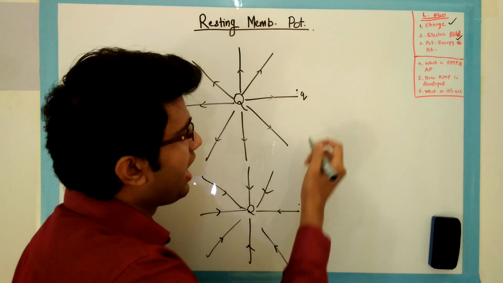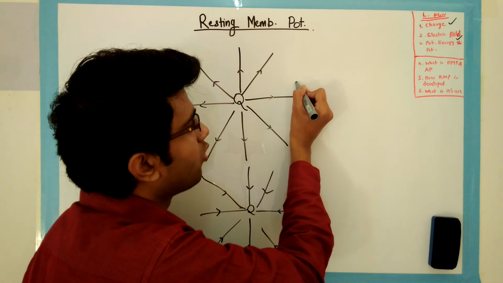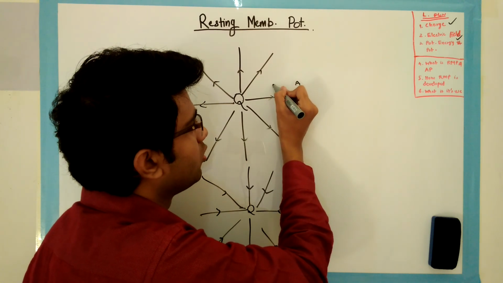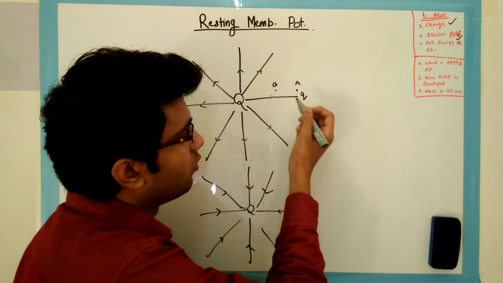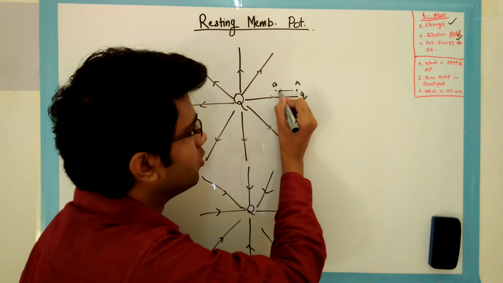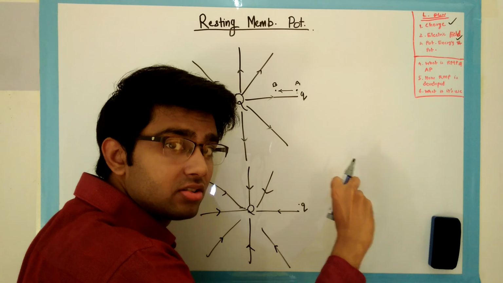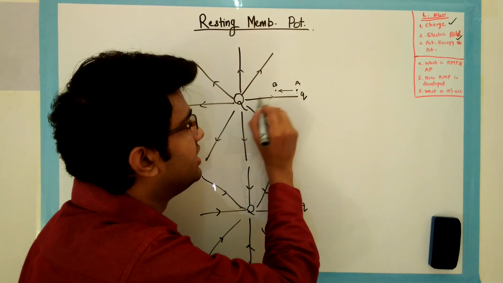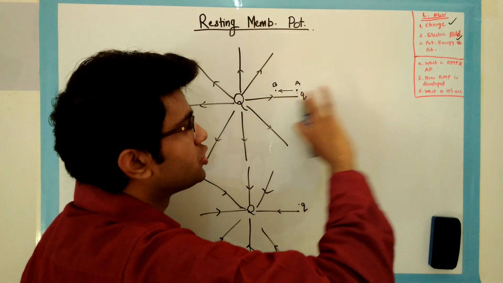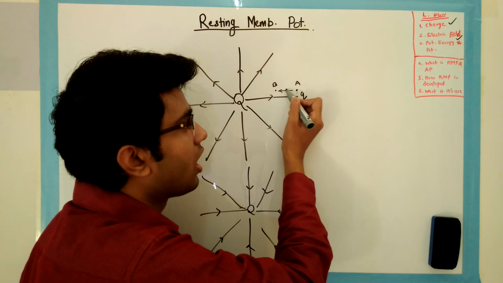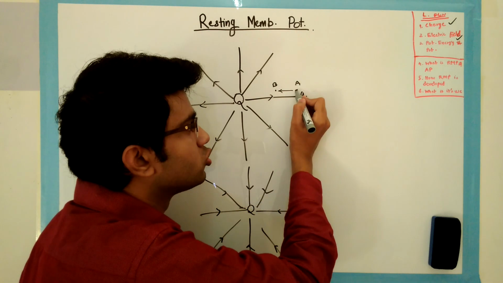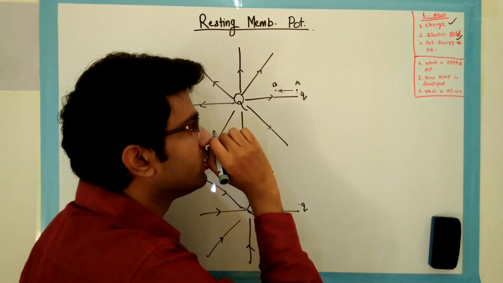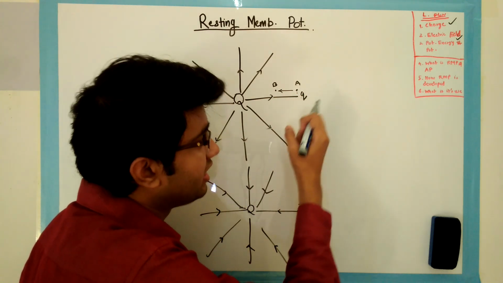For example, if we have to move this particle from point A to point B, what will happen? We have to give it energy, right? Because this electric field is trying to push it away, but we are moving it against it. So we have to give energy to this particle. When the particle moves from A to B, it will gain energy, right?